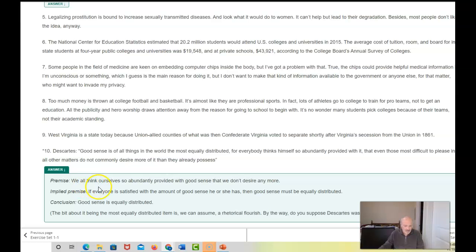Again, putting this together, Descartes' ultimate point is that good sense is equally distributed, and then this is a premise indicator, and the connection between this thought and the conclusion is what the book is calling an implied premise.